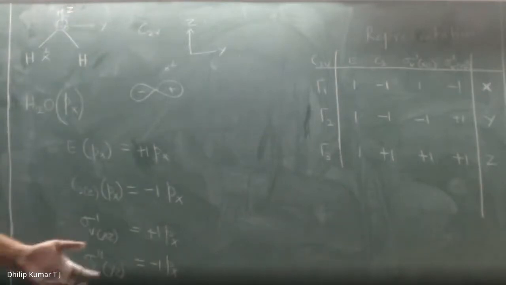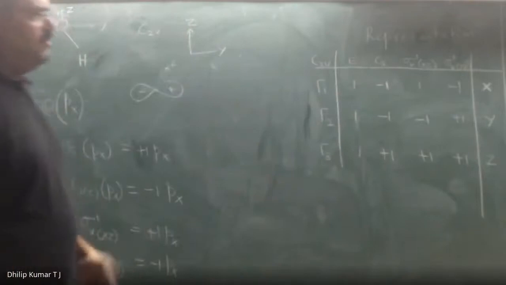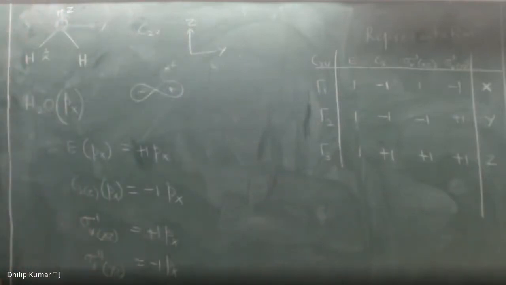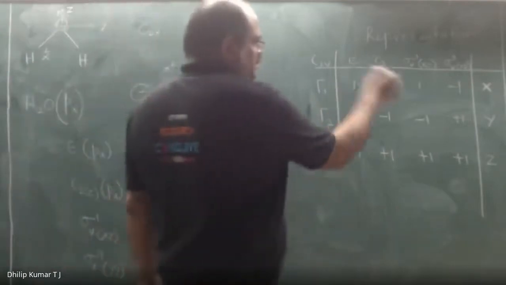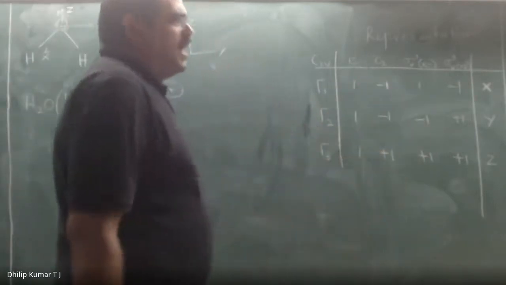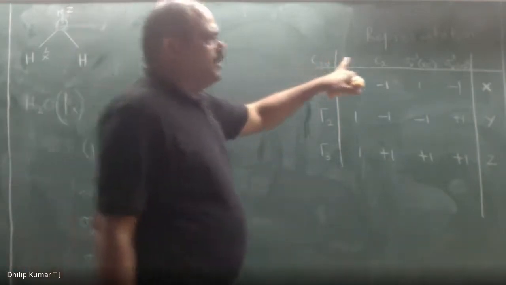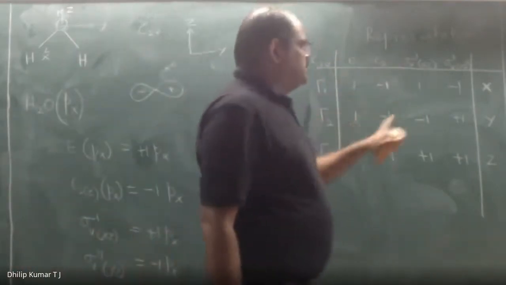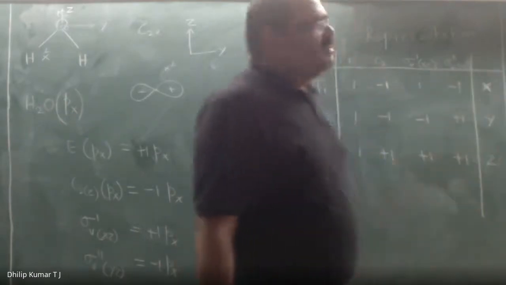If it is two-dimensional, it will be number 2. If it is a three-dimensional representation, it will be 3. So we just started building this, which is called a character table, with a point group, symmetry operations, and then these are the various characters, and these are the bases.